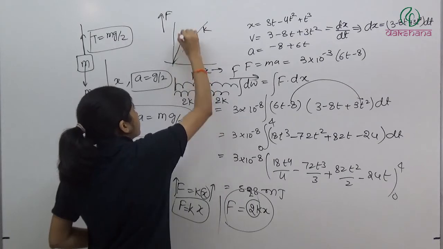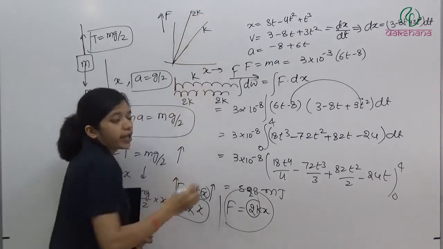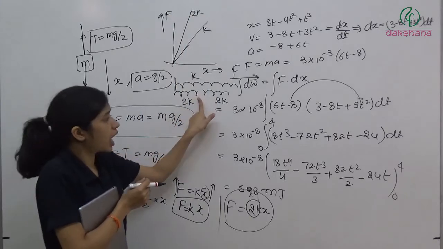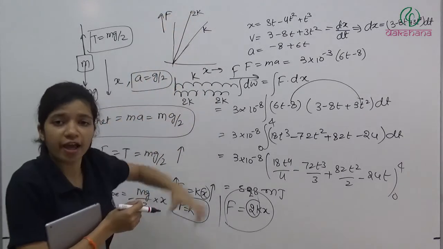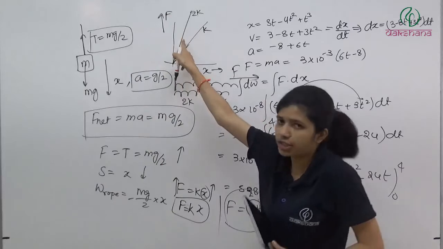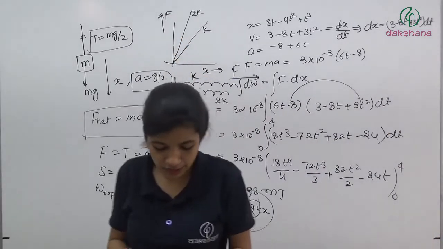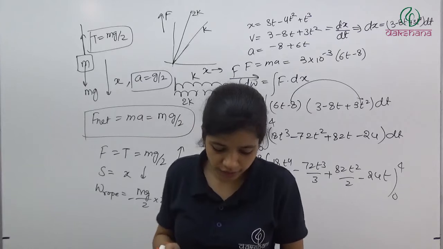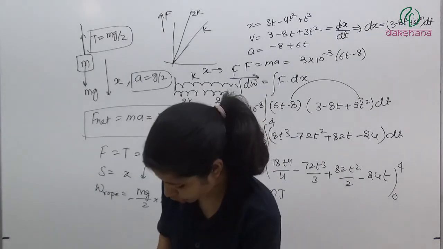This will be the new line with slope 2K. So when we have a length half of the initial length, then this graph is going to shift towards the f-axis. Why? Because slope has increased now. So the line will shift towards f-axis. Question. So answer will be first option. The relationship between force and position is shown in figure.